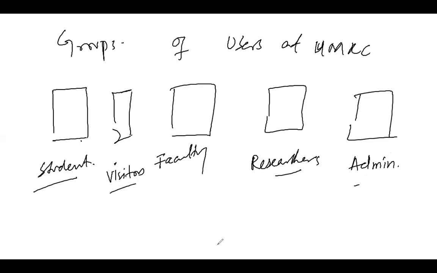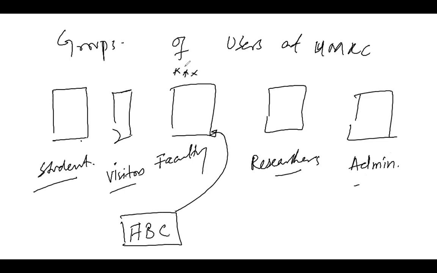So look at this. For example, if there is a new user, his name is ABC, what is his status? And you will automatically, if he is from faculty, you will put him here. And you have already defined all the characteristics. So you can put these stars on it. For example, on student, you have 2 stars. Then on visitor, you have 1 star. On faculty, you have 4 stars.